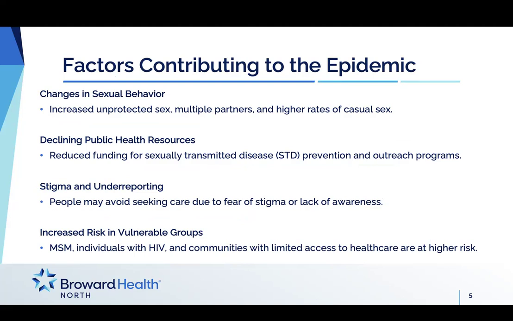So changes in sexual behavior, basically a lot of people having more unprotected sex, more multiple partners that we've been seeing through the years, people also with higher rates of casual sex, declining also public health resources because the funding from the government has been reduced in regards to prevention of STDs, outreach programs, to arrive to these communities that sometimes are in a lower economic stage or lower educational in the social aspect.